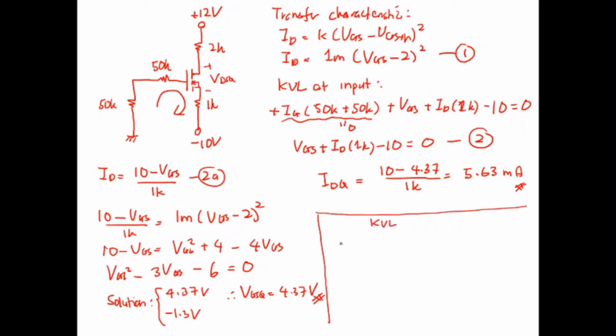So the KVL is minus 12 volt, and then plus ID times 2K, and then plus VDSQ, and then plus ID times 1K, and then minus 10 equal to 0.